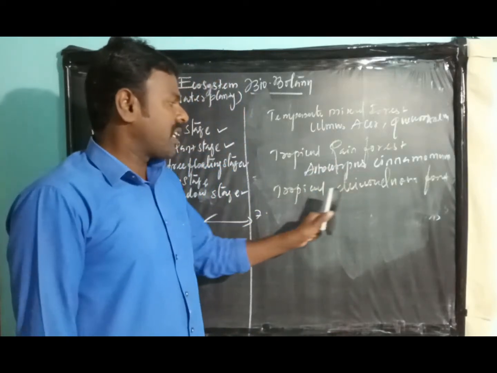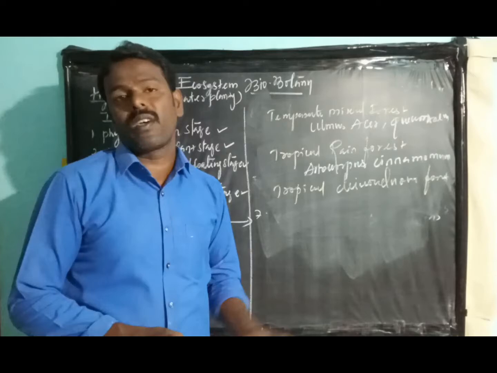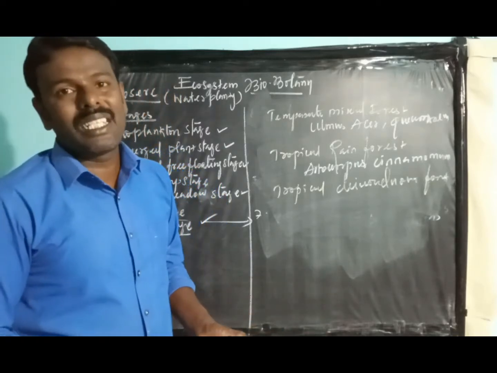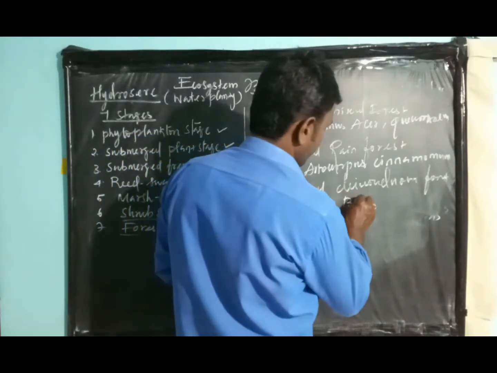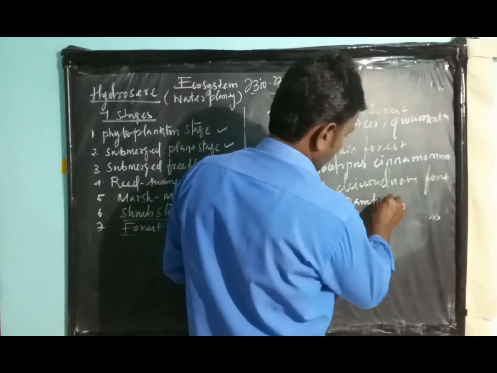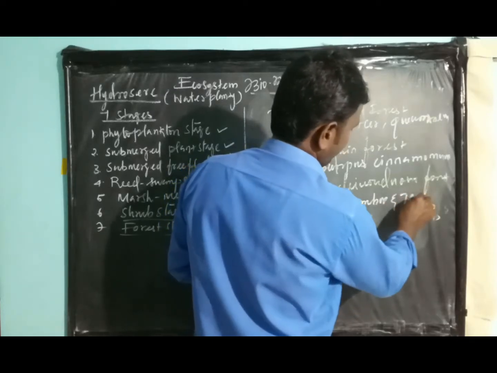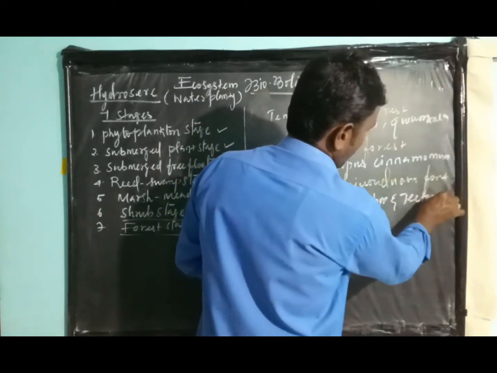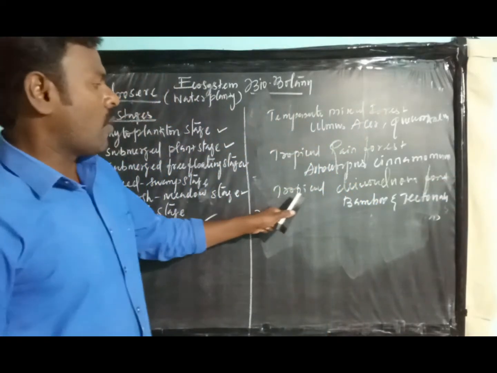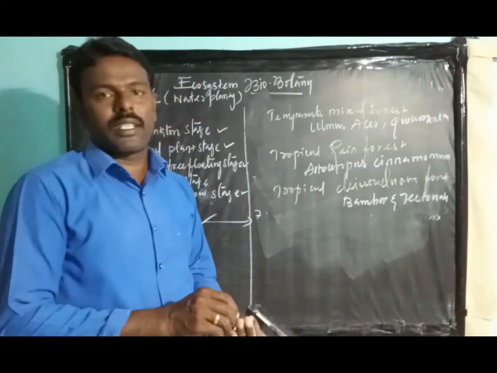Next one is tropical deciduous forest. For example, bamboos and Tectona. Those are examples for tropical deciduous forest.